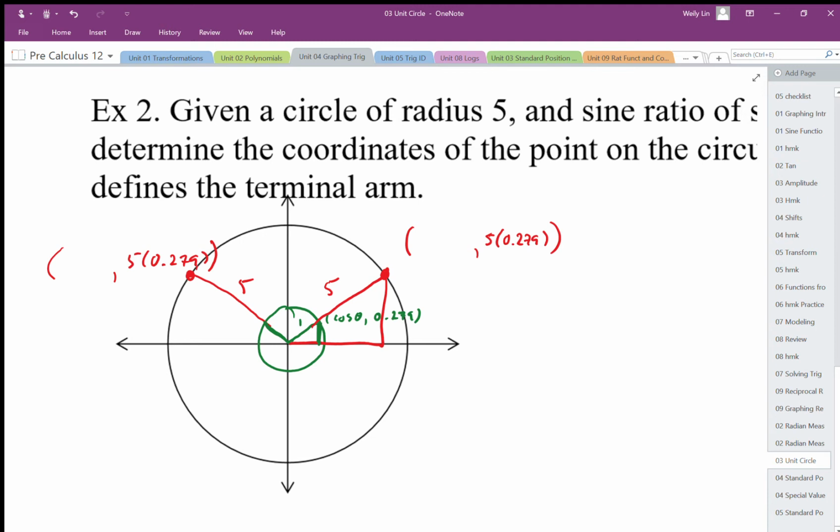So working that value out, 5 times 0.279 gives me 1.395, I think. Okay, now I can work out the distance here by using Pythagoras on the big triangle or the small triangle. I'm going to do it on the small one.